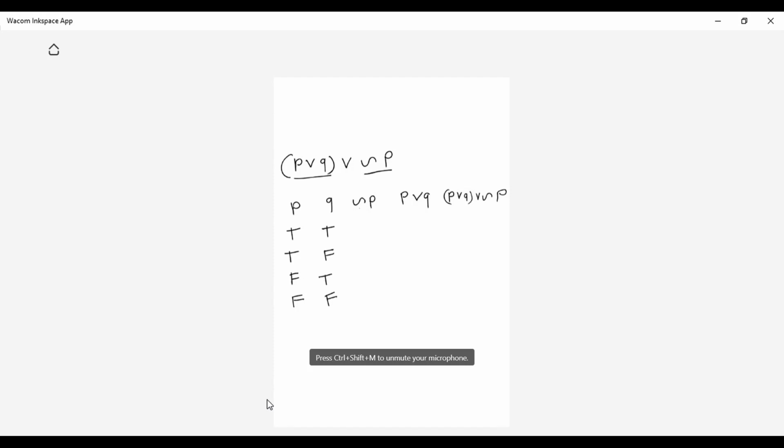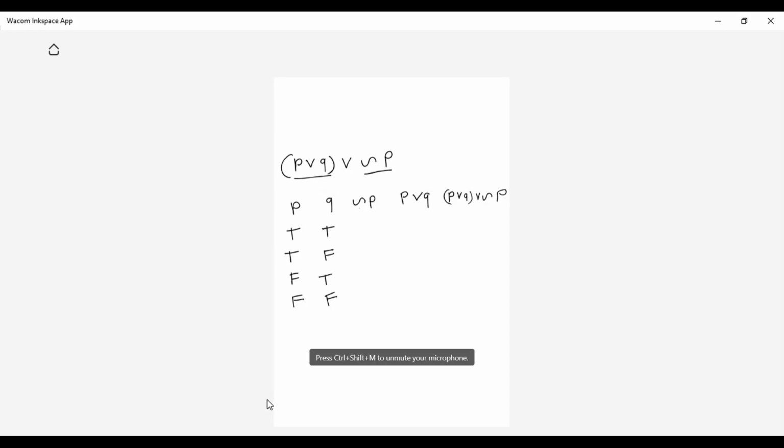The same sequence. I'm just recommending you, please do not change the sequence in every problem. If you are sticking with this sequence, please continue it for all the problems of logic. First true, true, false, false, then true, false, true, false.